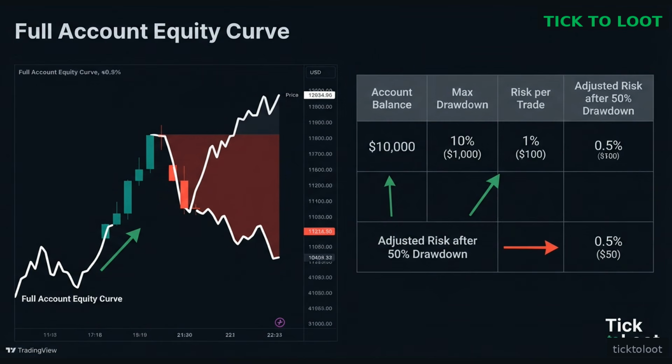By treating drawdown as a budget line, you keep your overall risk in check, avoid blowing up the account, and stay in the game long enough to let your strategy prove itself. In short, drawdown control isn't a separate tool. It's the glue that holds together position sizing, stop-loss placement, and daily trade limits into one cohesive risk management system.